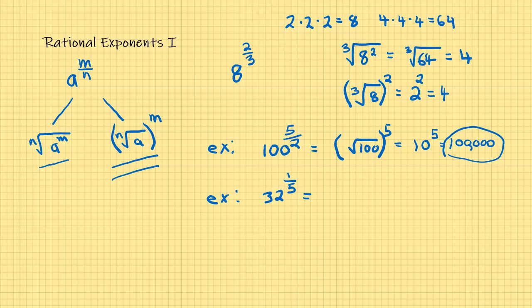Okay, so we have parentheses, 5th root of 32, to the power of 1. Now, the 5th root of 32 is 2. Put 2 to the 1. And that's because 2 times 2 times 2 times 2 times 2 is 32.